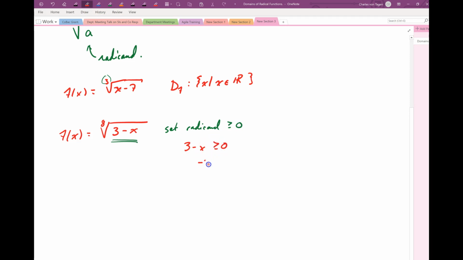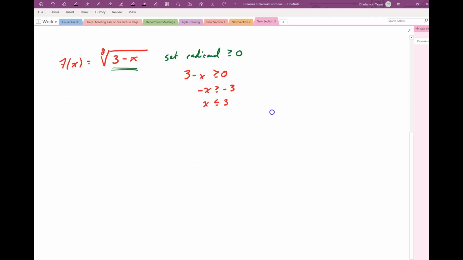That tells us that minus x must be greater than or equal to negative 3, since I subtracted 3 over. If I divide both sides by negative 1, then I get x must be less than or equal to 3. Recall the property in algebra that when you divide an inequality by a negative number, you have to reverse the direction of the inequality.